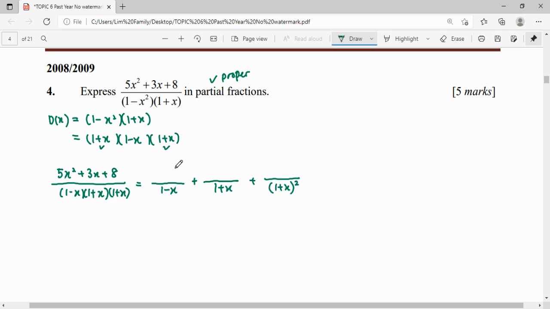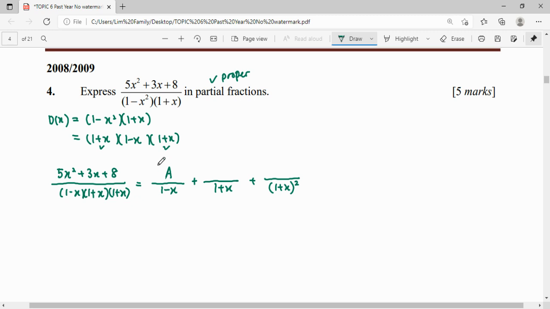And then our step number 4, we are going to identify the A, B, C at the numerator. When we have a linear denominator, our numerator will be a constant A, because partial fraction always goes for proper fractions. Proper fraction means the degree of the numerator must be smaller than the denominator.